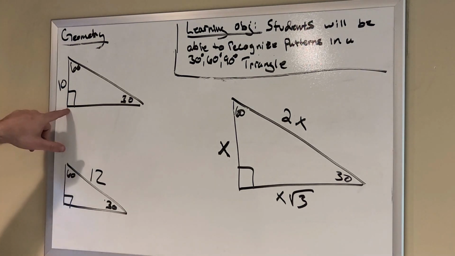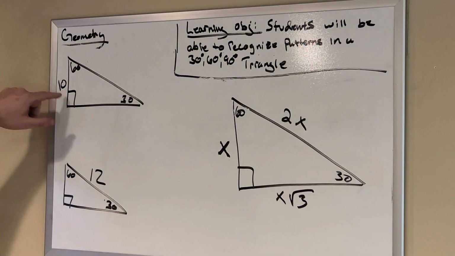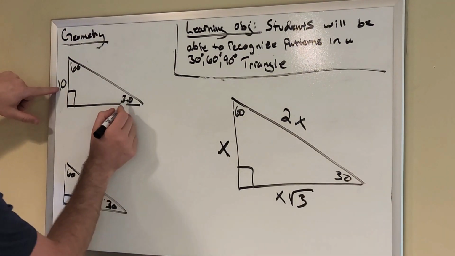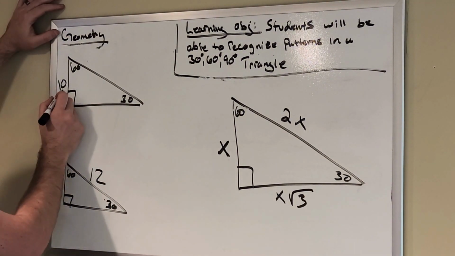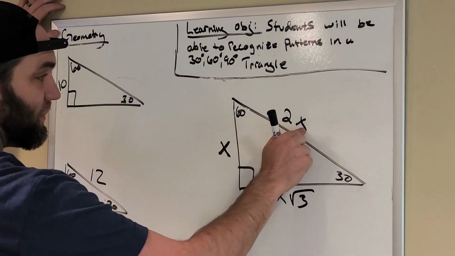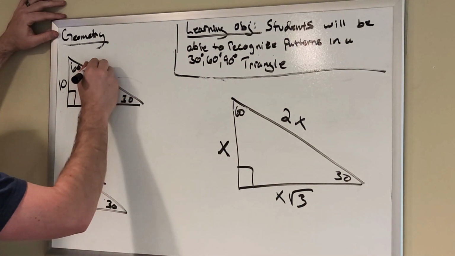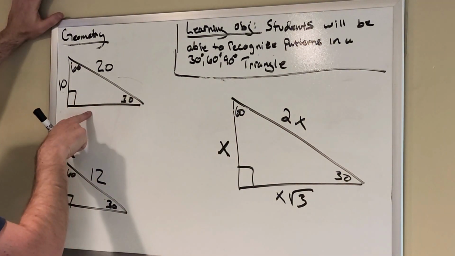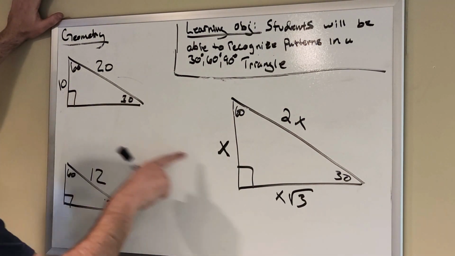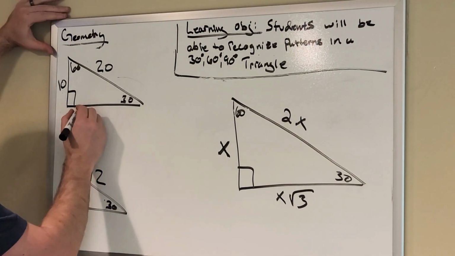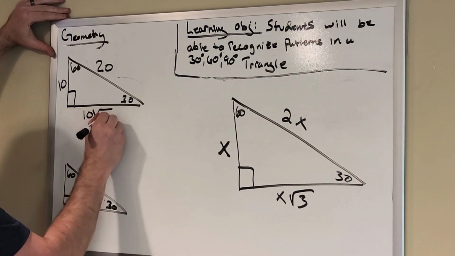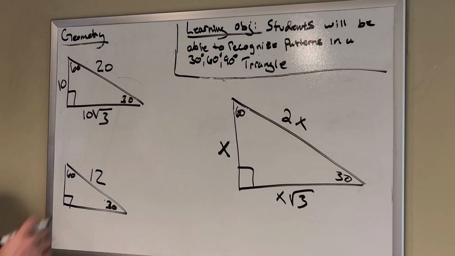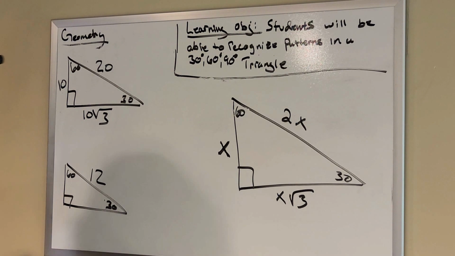First start with this one. This is my short side. My short side's always across from the 30, so across from the 30 is a 10. To find the long side, I have to multiply it by 2, so that's going to be 20. And then to find this side here, I just take my short side, my X, and multiply it times the square root of 3. 10 square root of 3. Boom. We don't have to do the decimal, I'll just leave it there. And those are my answers for this one.